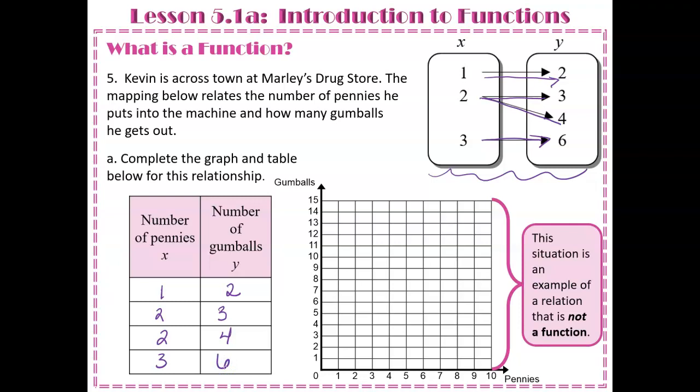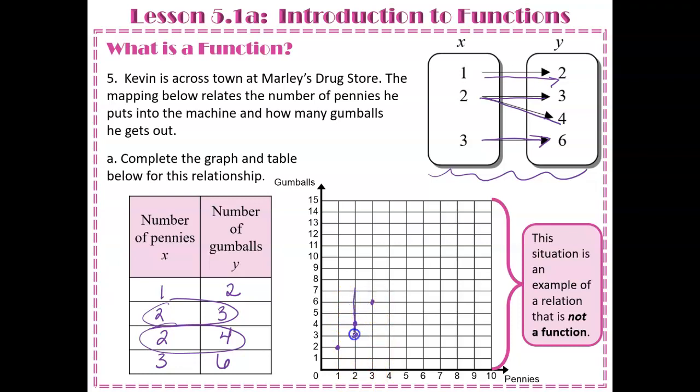Okay? So let's plot this again. And I already hit the button so you can tell this is not going to be a function, but we should already know that because, oh look, 2 repeats itself in the table. But let's see what that looks like on our graph. So I have 1 and 2, 1 penny, 2 gumballs, 2 pennies, 3. He puts in 2 pennies again, and this time he gets 4, 3, 6.